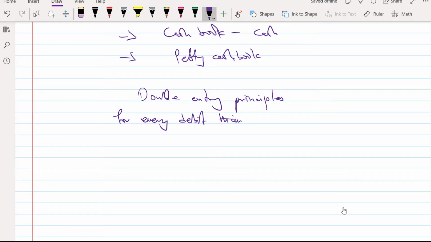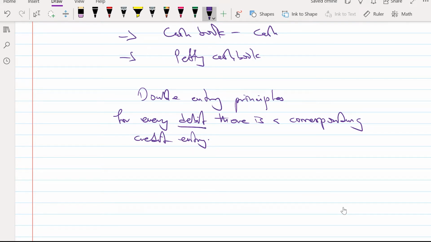Of course, for every debit, there's a corresponding credit entry, and for every credit, there's a corresponding debit entry.